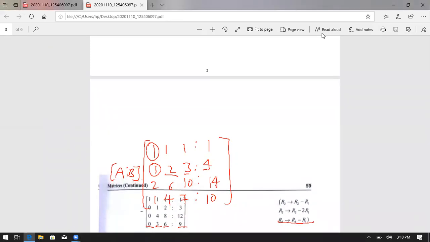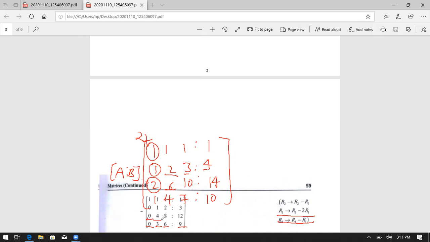R2 is over. Next R3. R3 is equal to R3 minus 2R1. R3 is 2 and R1 is 1, that's why multiplying 2 to the first row. Then 2 minus 2 is 0. Next, the second one, 6 minus 2 into 1, 2 ones are 2, 6 minus 2 is 4.